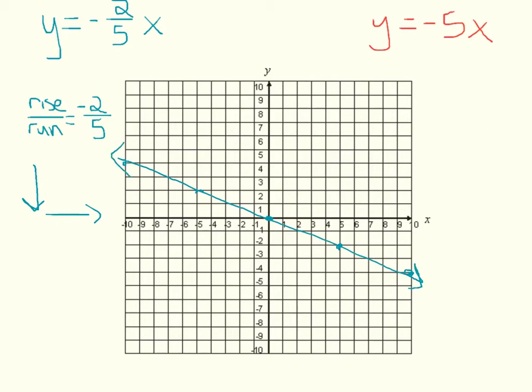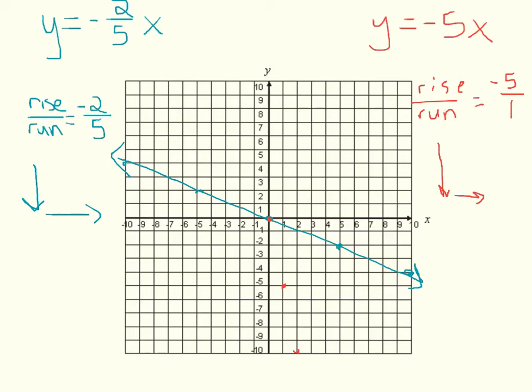Alright, and now the red equation, rise over run, it's negative again. And what do we do when your slope is not a fraction? It's an integer, negative 5, we can write that as over 1. So we're going to go down 5, right 1, starting from the origin. Down 5, right 1, down 5, right 1.